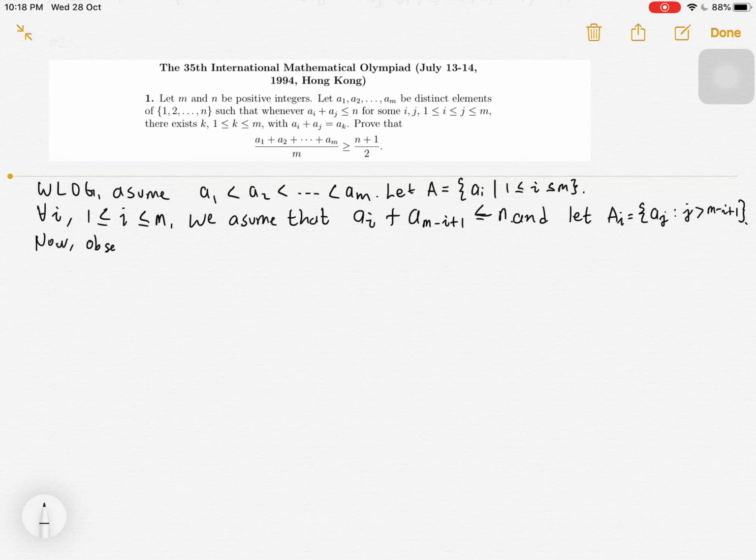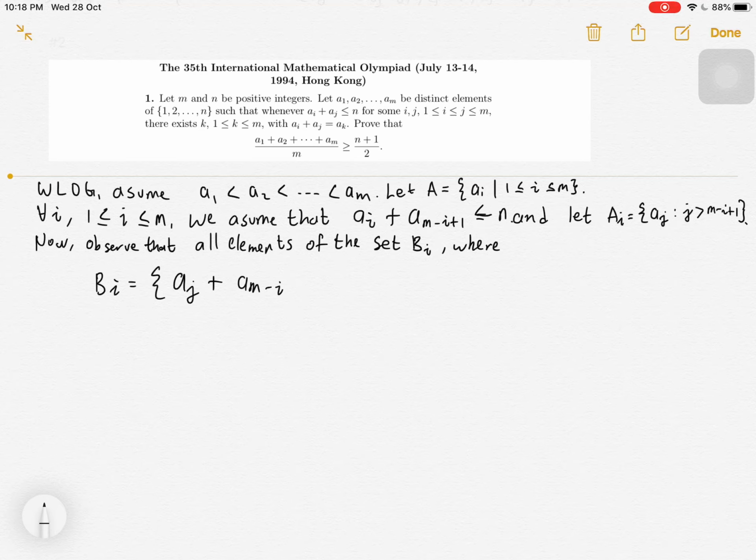So now observe that all elements of the set Bi, where Bi is equal to the set of aj plus am minus i plus 1, where j is less than or equal to i.